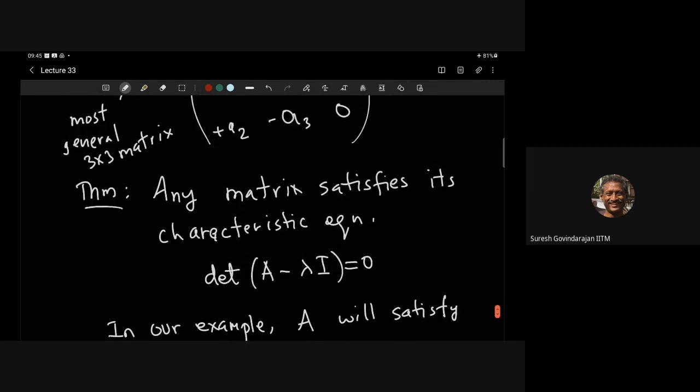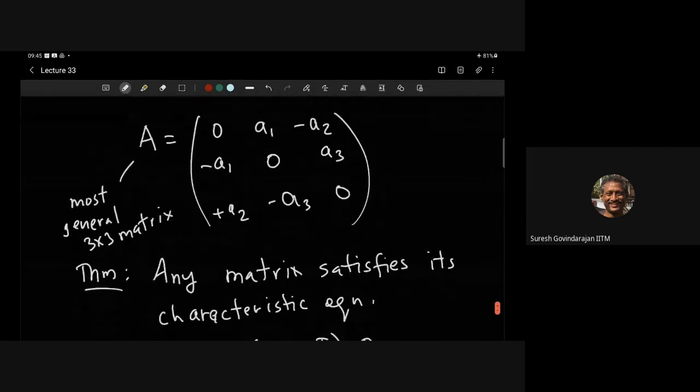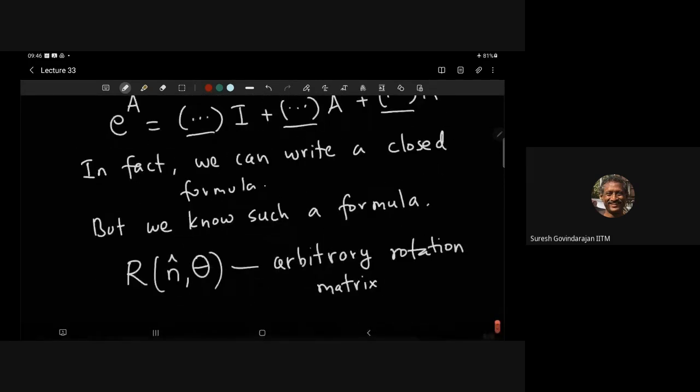We have this A, we wrote the most general 3 by 3 antisymmetric matrix. So it has how many parameters? A1, A2, and A3. And you come back here, and lo and behold, we see that this also has how many parameters? Theta is 1, and a unit vector which is 2. So there are 3 such parameters.